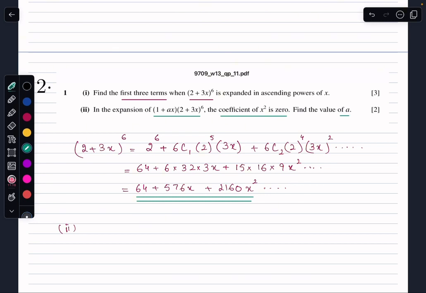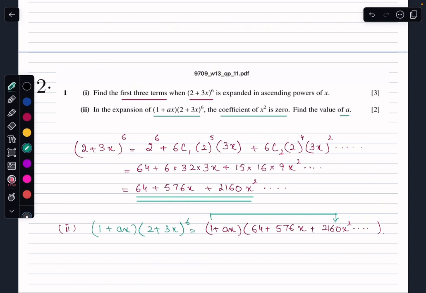So I already have 1 plus ax, and it's 2 plus 3x to the power 6. Therefore, here I should say that it is going to be 1 plus ax times 64 plus 576x plus 2160x squared. I need the coefficient of x squared. Therefore, if I multiply 1 by 2160x squared, I will be getting a coefficient of x squared.